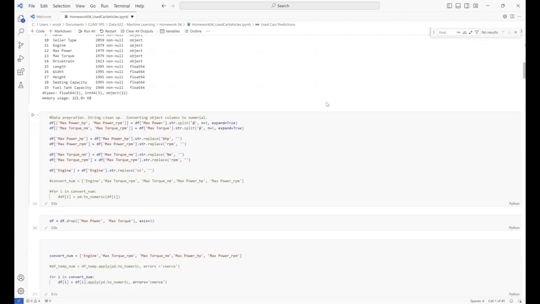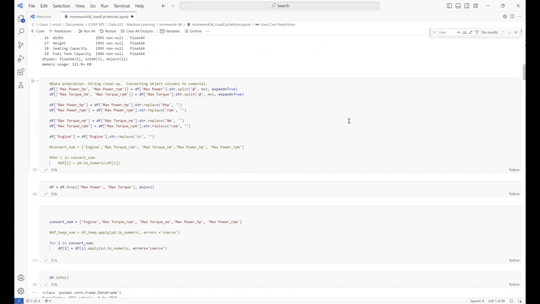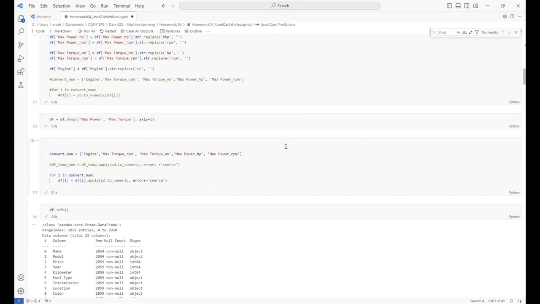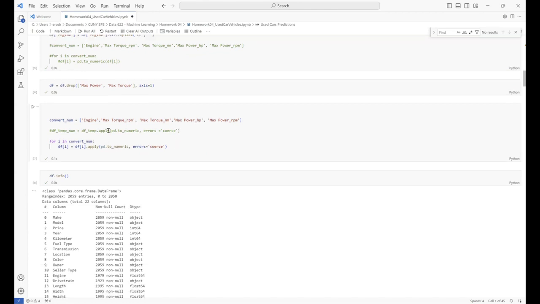So that's what we're doing in this first set of code: we're splitting up the data and removing any of the string variables, separating it out so that each numerical value within the data has its own column. For example, we took the max torque and we took the RPM and also the displacement, which I'm assuming is this NM.